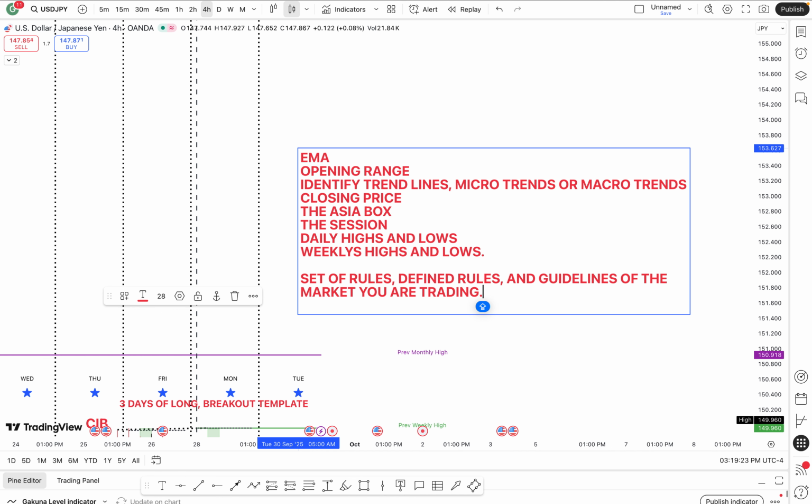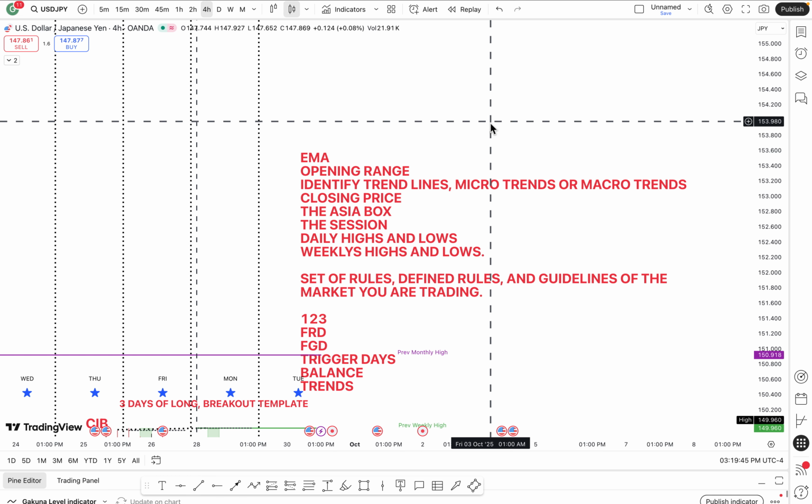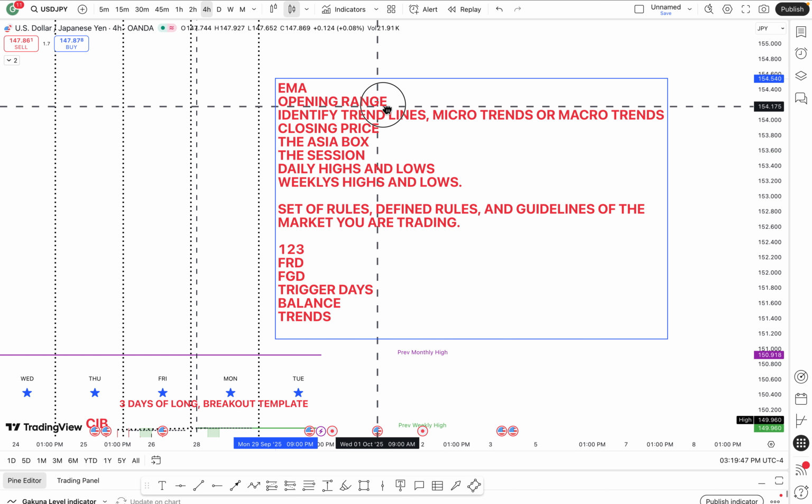I do not need to know the name of a market as long as it gives me a 1, 2, 3, as long as it gives me an FRD, as long as it gives me an FGD, as long as it gives me trigger days, as long as it develops balance, as long as it trends. I do not need to know the name of the market.